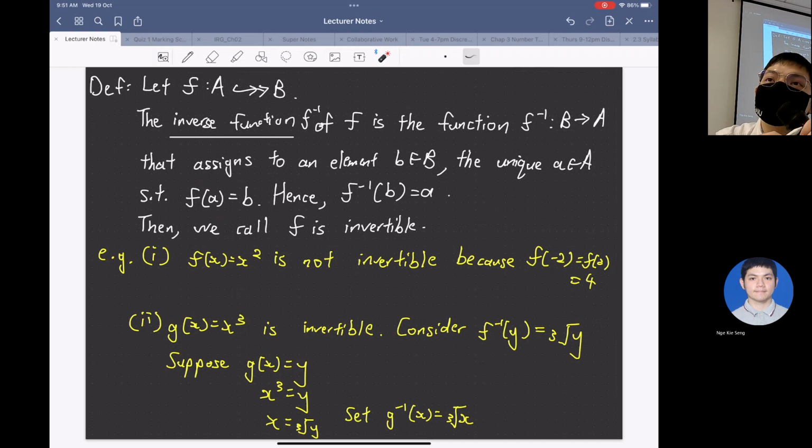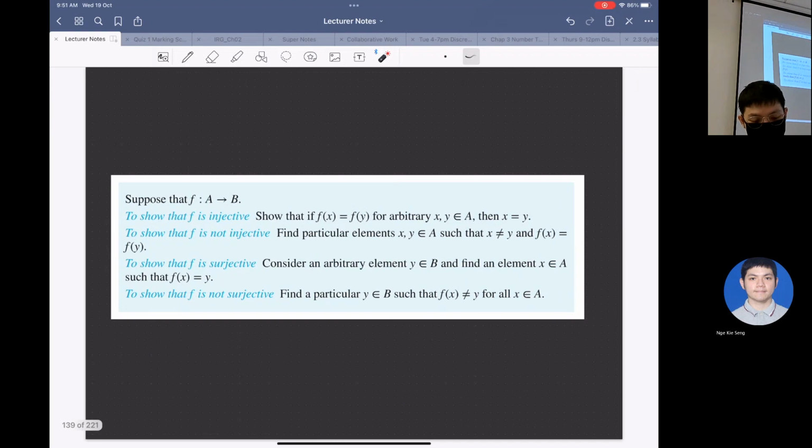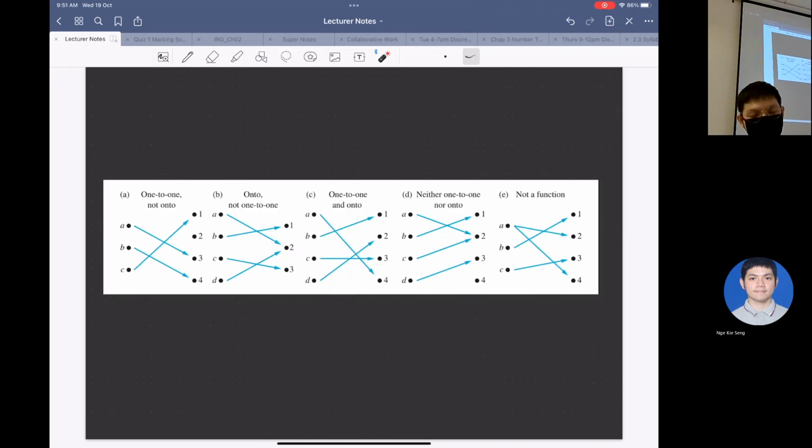You mean if it is 1-to-1, is there an inverse function? Is 1-to-1 enough to define an inverse function? It is not.